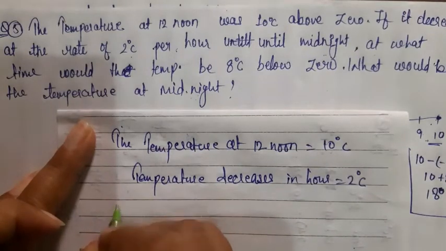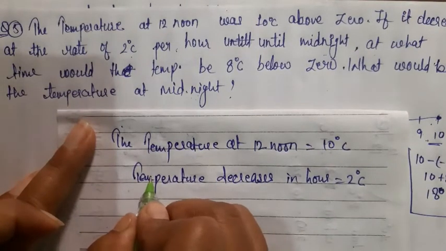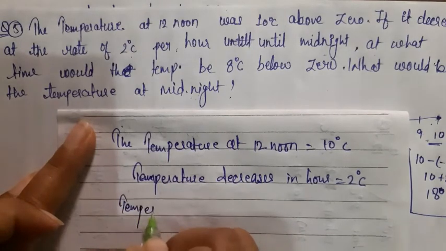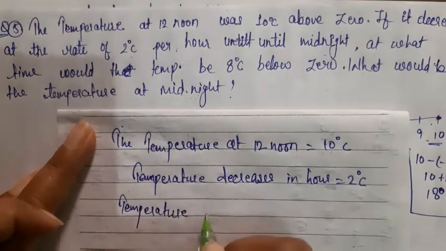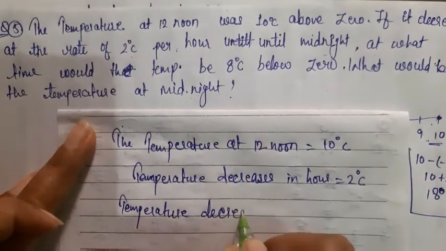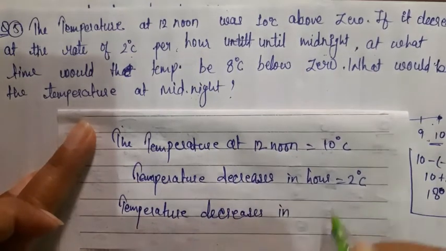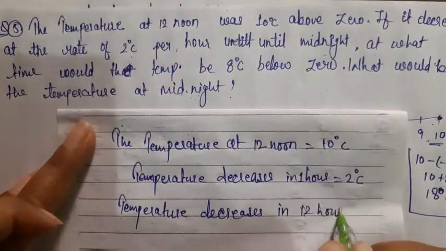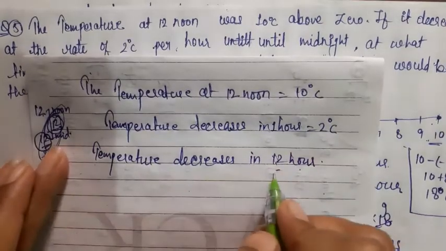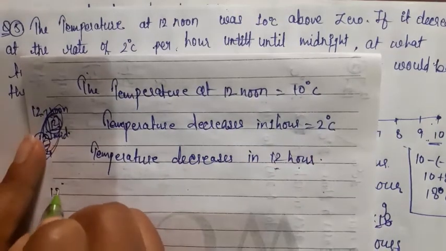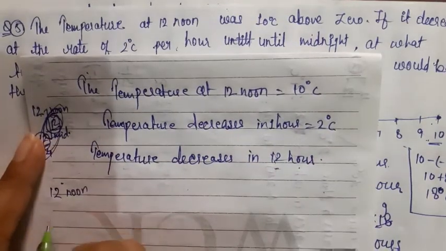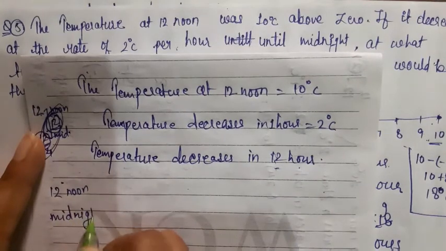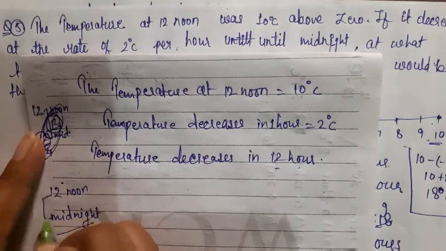So the temperature decreases in 1 hour this much, and in 12 hours, because here we have 12 noon to 12 midnight, which means at 12 o'clock at night we have 12 hours.